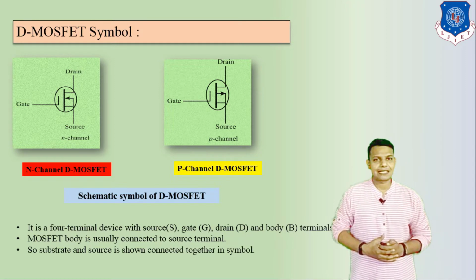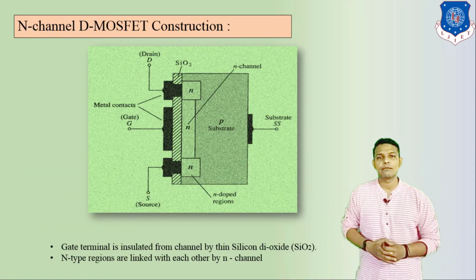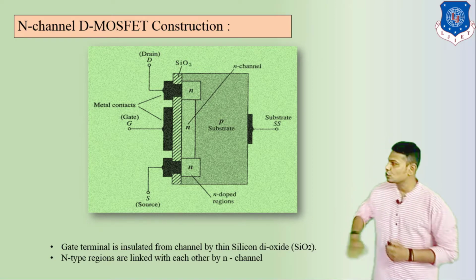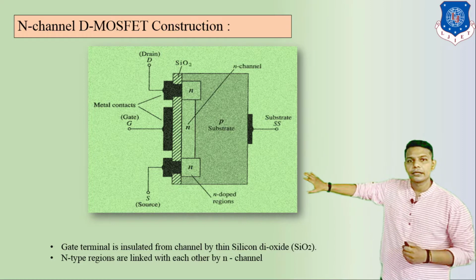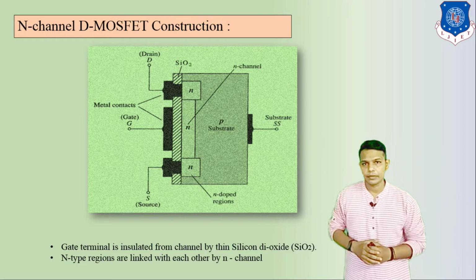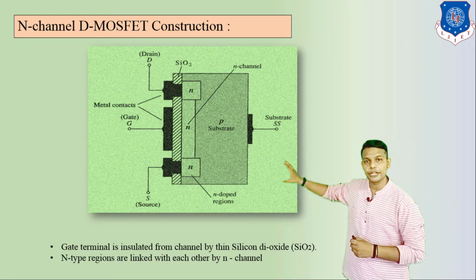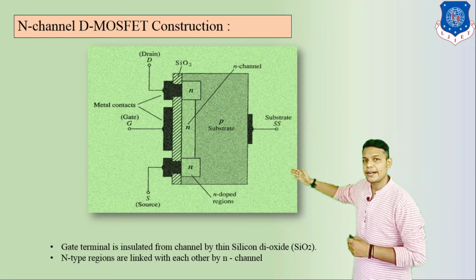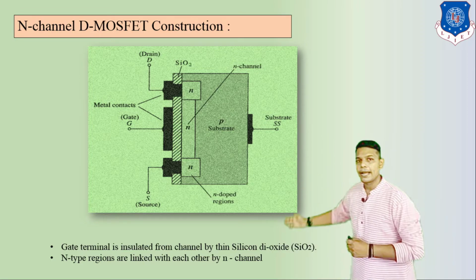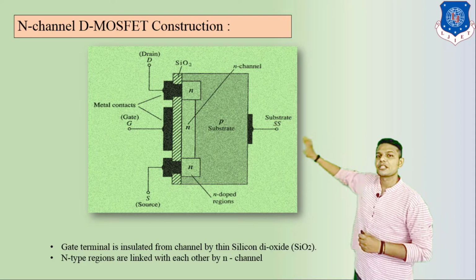Now let us discuss its construction. Here we can see the N-channel D-MOSFET construction. It is totally different compared to the JFET. Here we can see there are different terminals: first drain, then gate, and below we can see source, and here the substrate terminal.